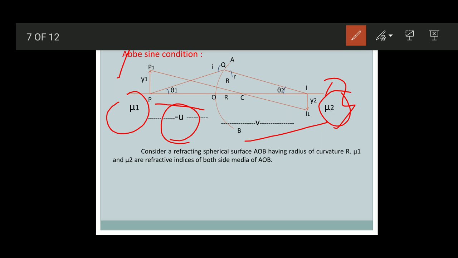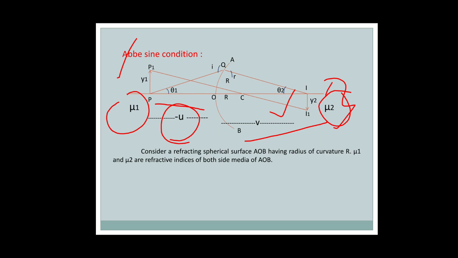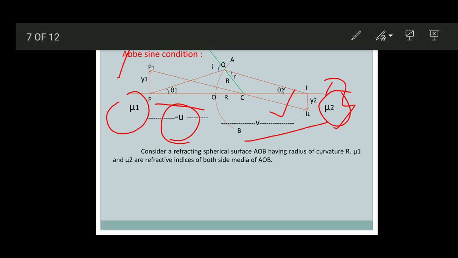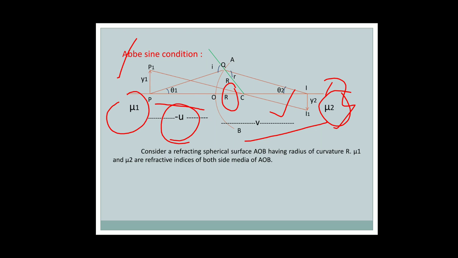The image distance is taken as v, that is equal to OI, where i and r are the angle of incidence and angle of refraction, and theta 1 and theta 2 are conjugate angles, where QC is the normal to the curved surface, and capital R is the radius of curvature of the lens. By using this, we can derive the Abbe sine condition.